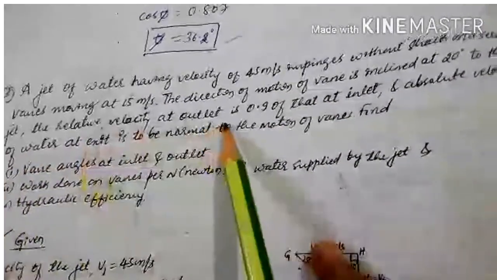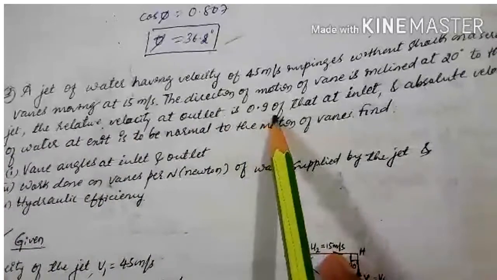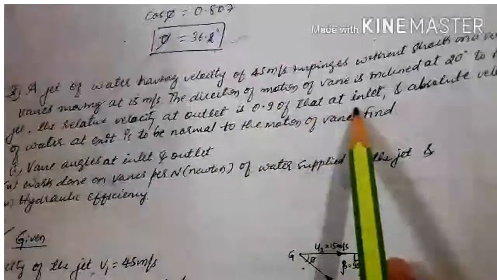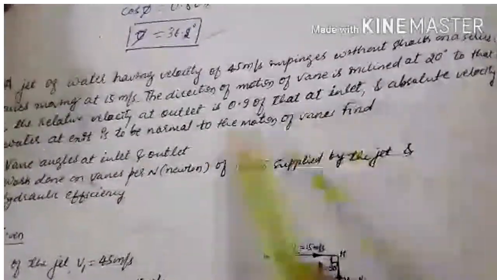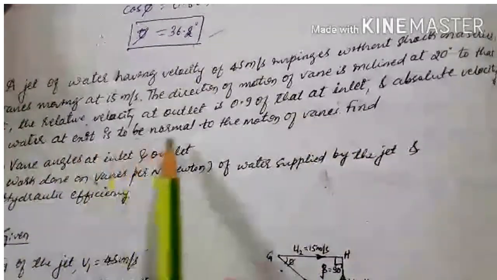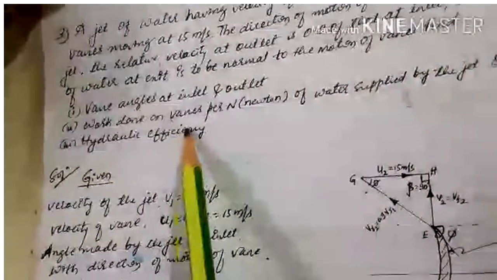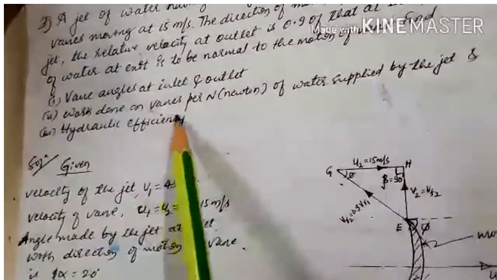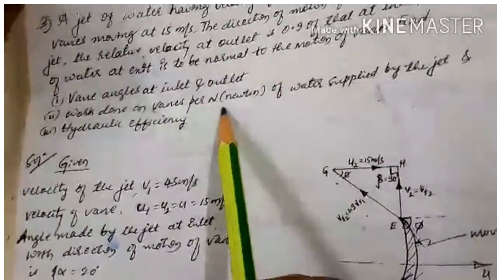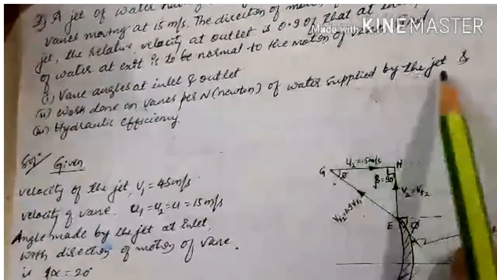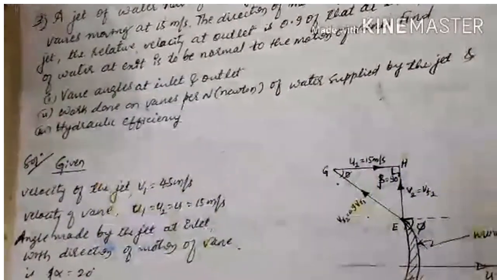The relative velocity at outlet is 0.9 of that at inlet, and the absolute velocity of water at exit is to be normal to the motion of vane. Find the vane angles at inlet and outlet, work done on vanes per Newton of water supplied by the jet, and hydraulic efficiency.